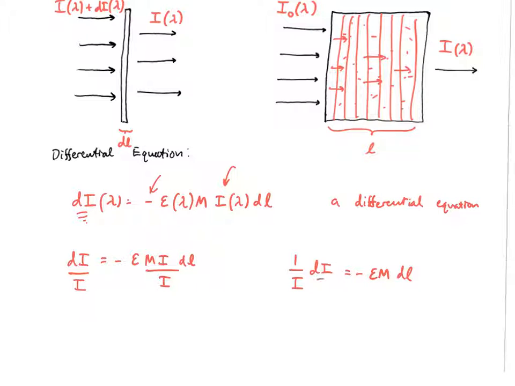Okay, so now I've got something like derivatives on either side of the equation, and the way to get rid of those on either side is to integrate both sides. And we're actually going to integrate from 0 to L for both of these.